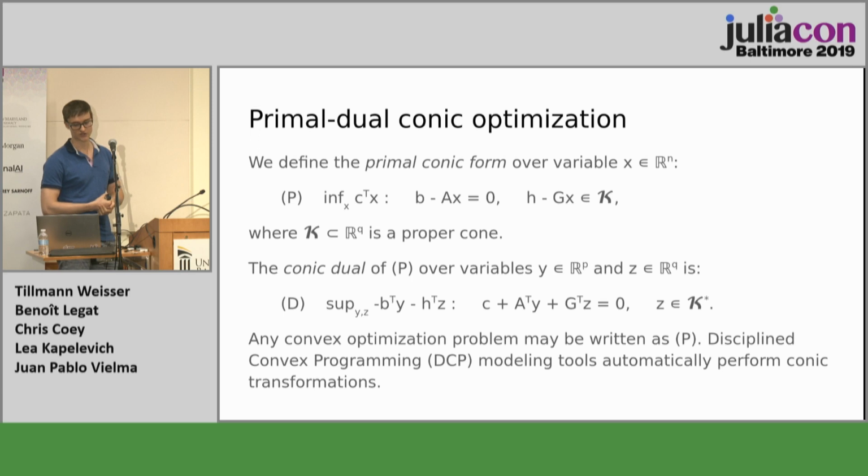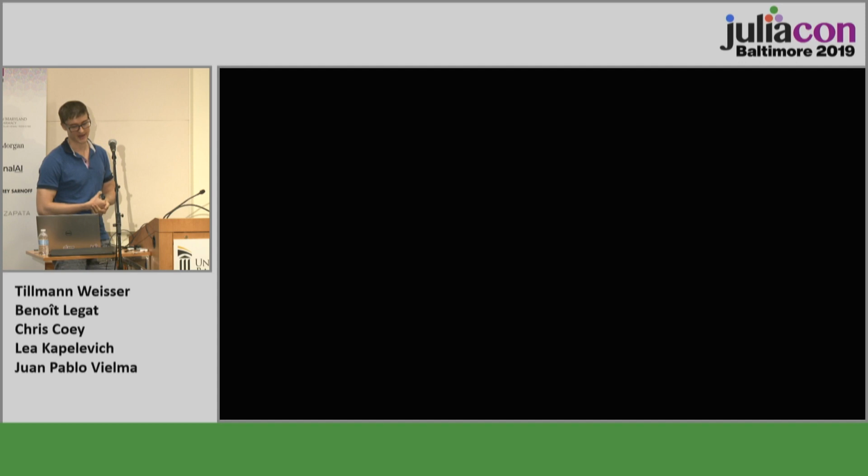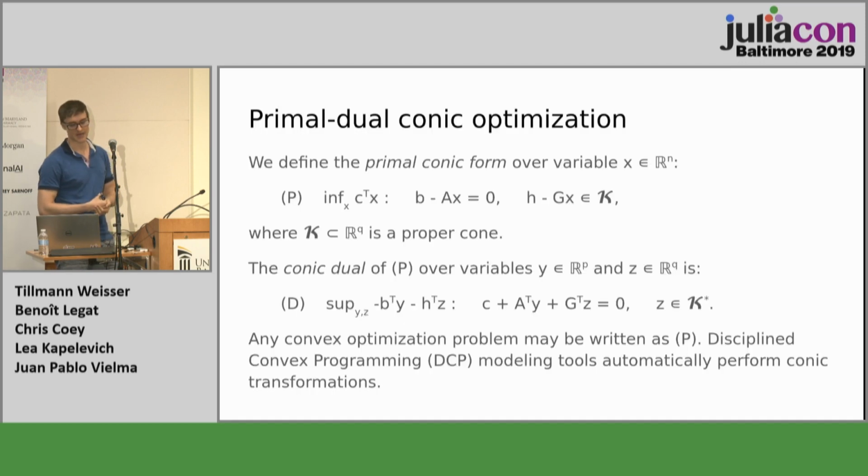We have an equality constraint and another conic constraint in the dual cone. Now we can write any finite dimensional convex optimization problem in the primal form there, or even in the dual form. And these tools called disciplined convex programming or DCP modeling tools automatically turn convex problems into conic form.